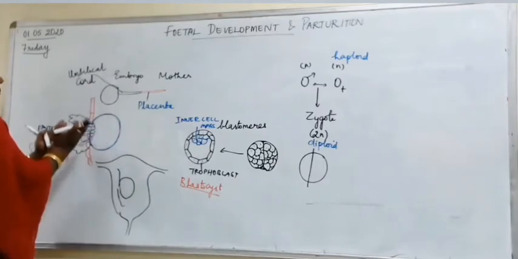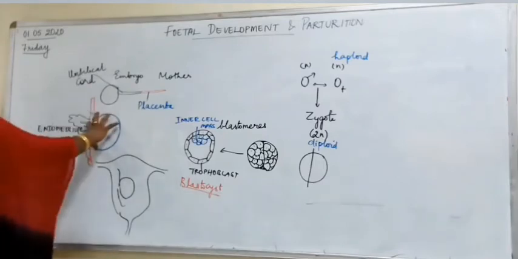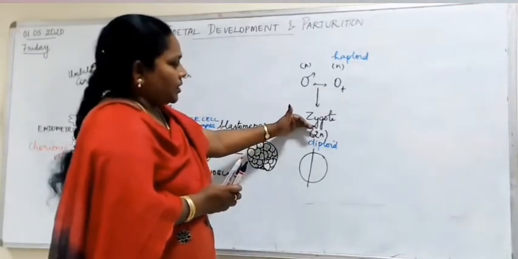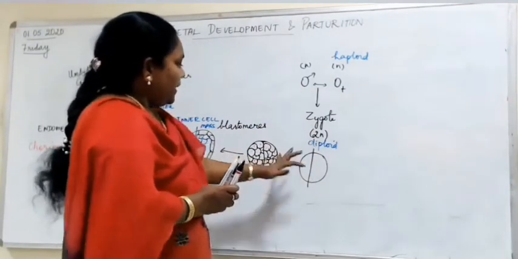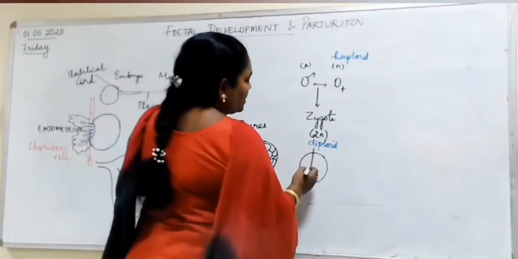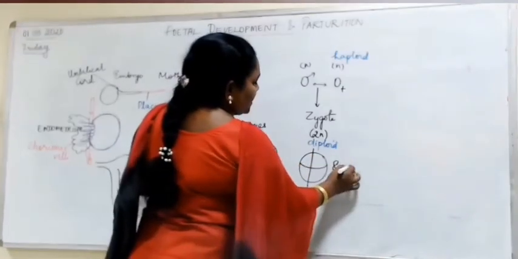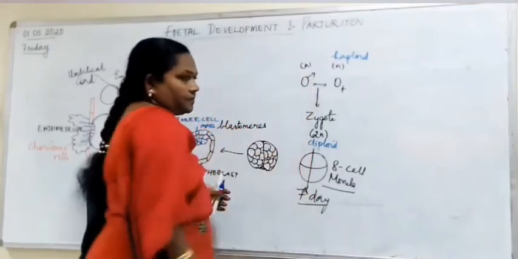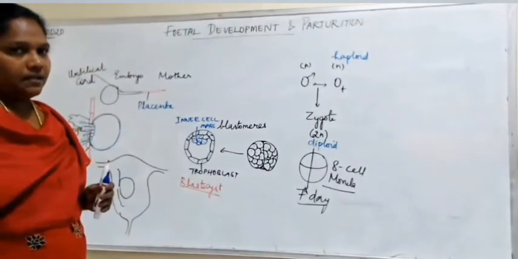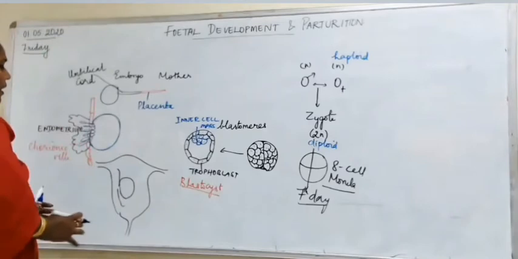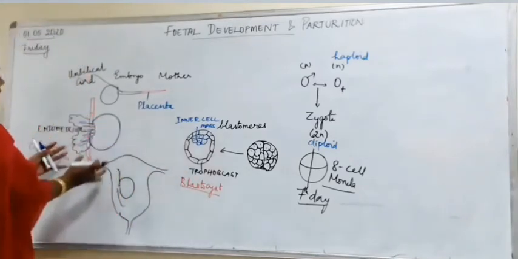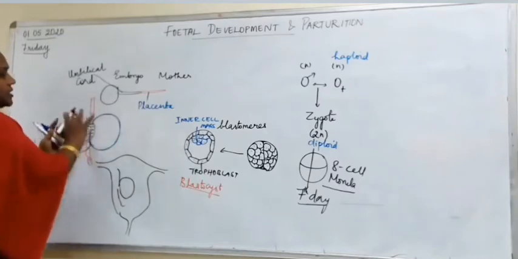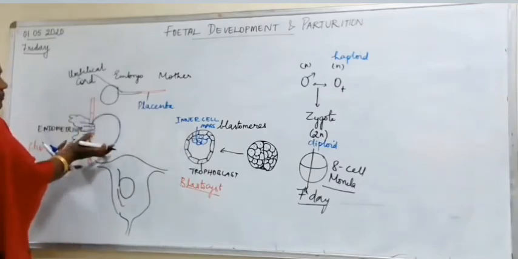This stage, the fusion occurs and the zygote takes place, and then division is seen at the 8 cell stage. What is this 8 cell stage? It is the 7th day after the fusion. The development continues and it gets attached to the endometrial wall, and all these formation changes occur within the embryo.